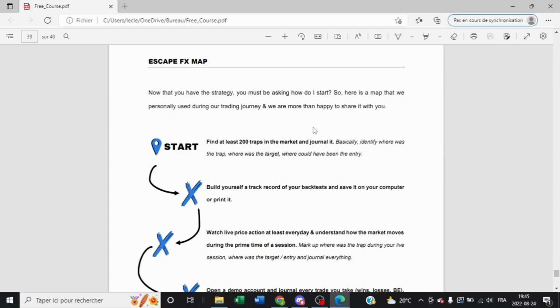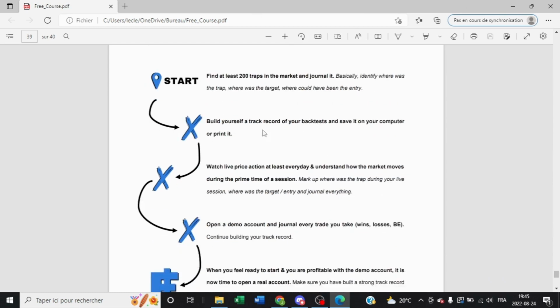I journal it, I say what I saw, and I put it in a folder or in a document on my computer. You need at least 200 traps so you can refer to them anytime and refresh yourself.